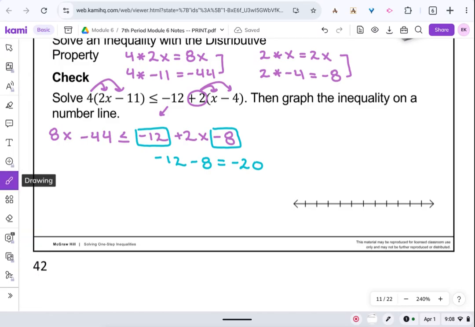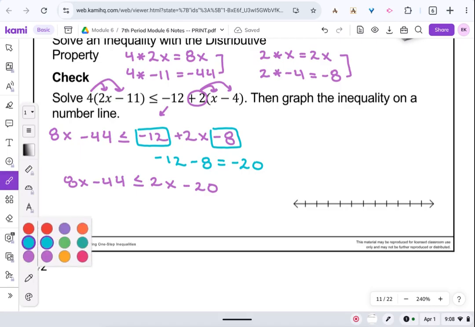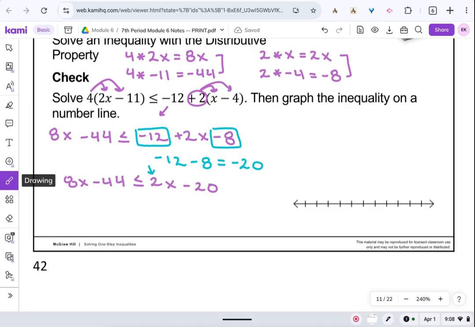So the 8x minus 44 doesn't change. Our inequality doesn't change. We can drop the 2x down, but now it's a minus 20 that's going to go with that. Now, our goal is to get numbers and variables on the same side. I always like to move the variable from the right to the left first in order to simplify my problem.